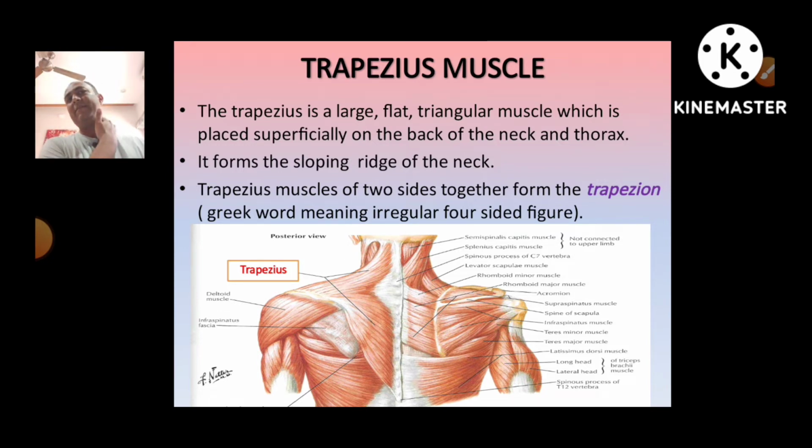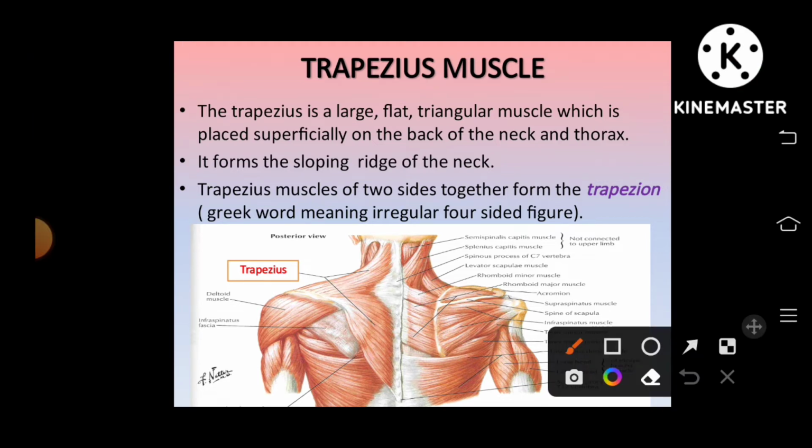The sloping edge formed on both sides of the neck is because of the trapezius muscle. The trapezius muscles of the two sides together form the trapezion. It's a Greek word, the meaning of which is irregular four-sided figure.